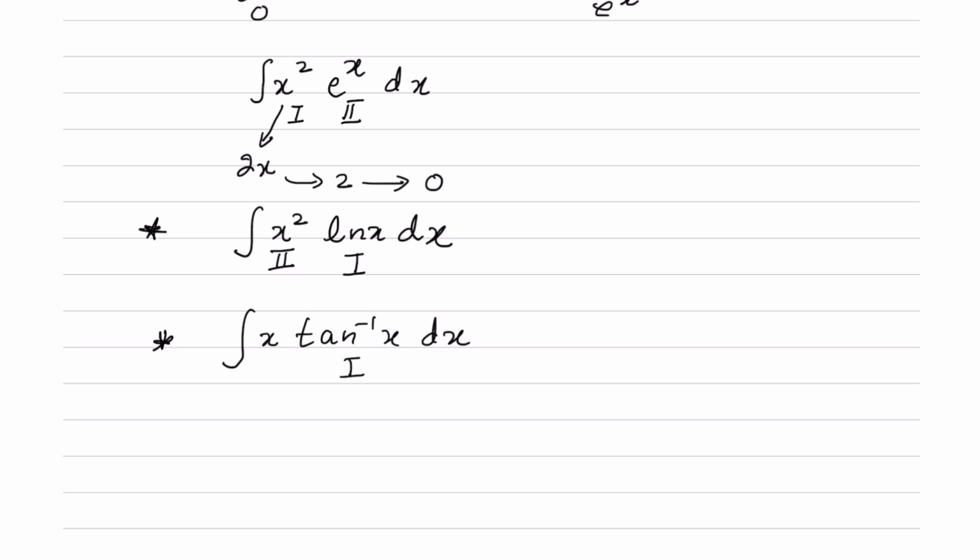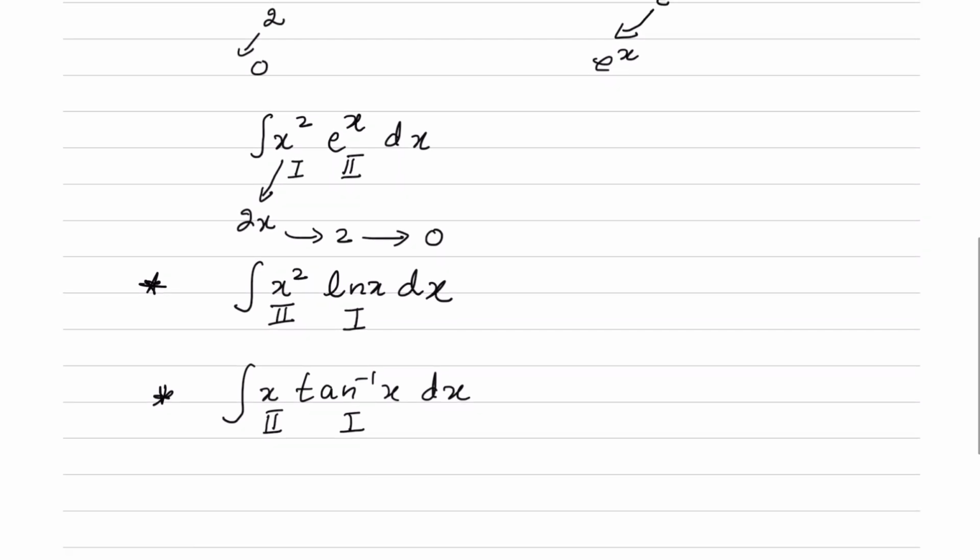Just like the previous suggestion for ln x, if your integral involves an inverse trigonometric function like sine inverse x, cos inverse x, secant inverse x, tan inverse x, cosecant inverse x, cot inverse x, you always call it the first function, and the other function will definitely be the second function. So this is how we decide which function is going to be the first function and which the second.